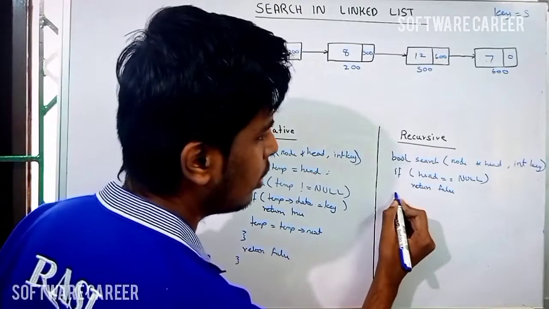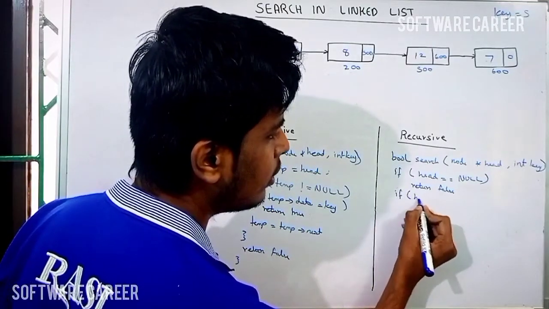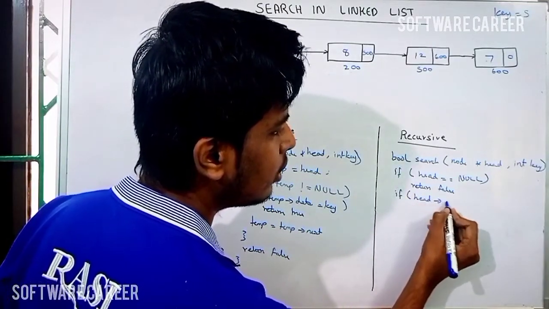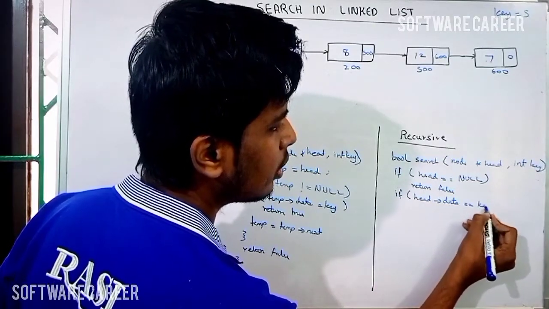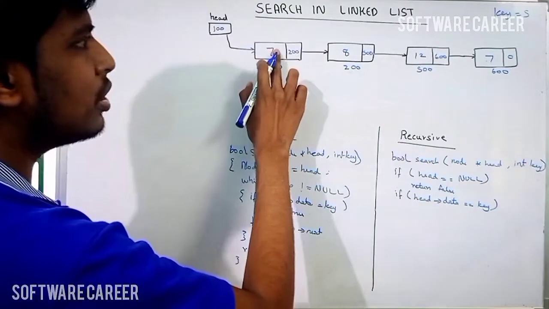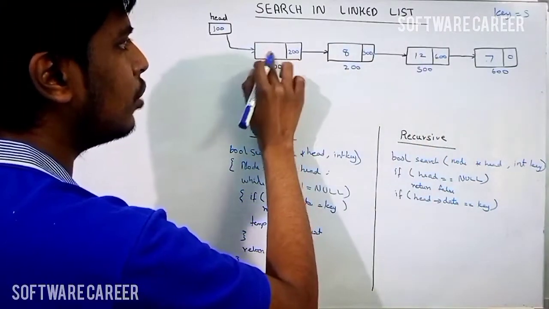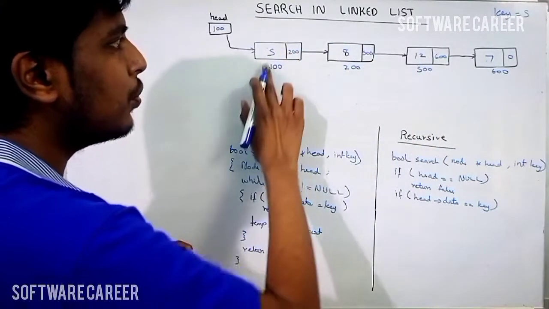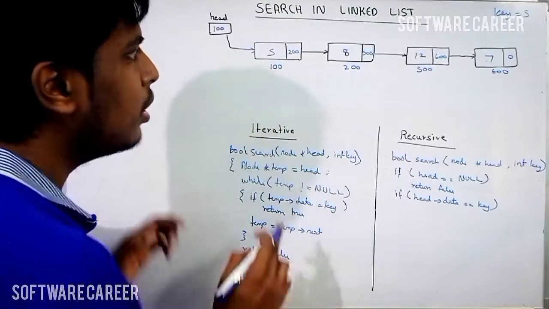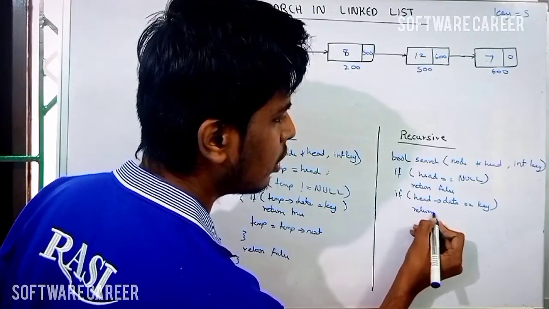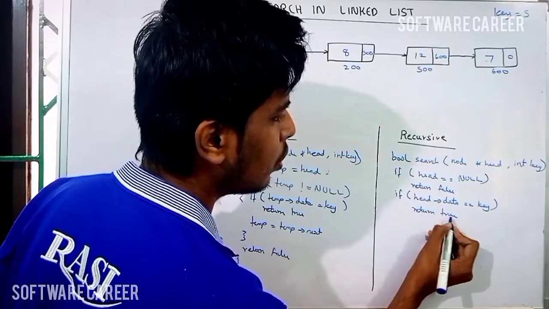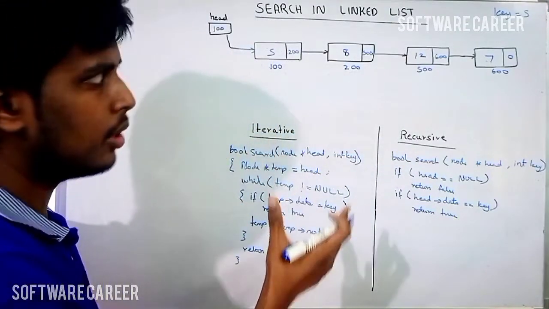So I am writing, if head data equals key, suppose instead of 5 it were 7, and you have found it in the first step, then you should write return true. That means you have found the key element.